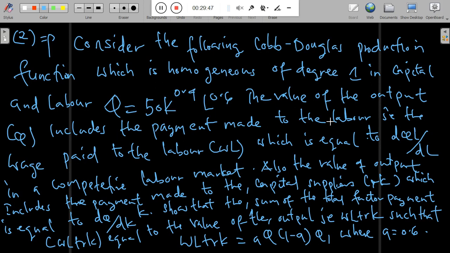In the example you are given, WL plus RK is equal to AQ plus 1 minus A times Q, where A is equal to 0.6.